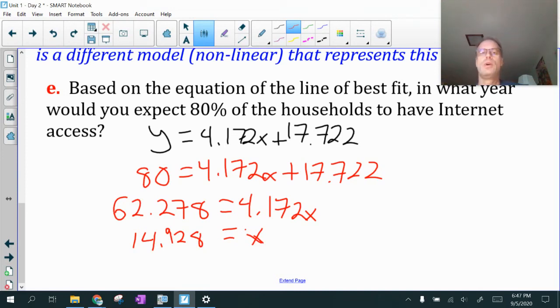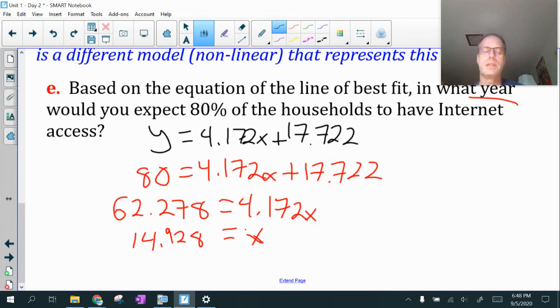No. Why not? Because that's the number of years after 1995 when I'm expecting 80% of the households to have internet access. Remember, we have to turn this back into an actual year.